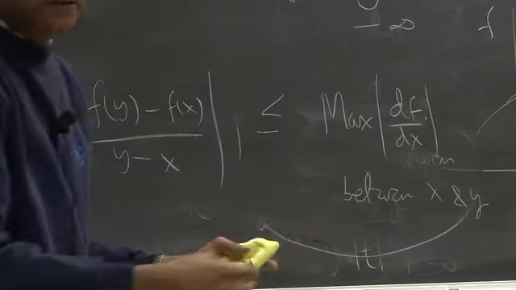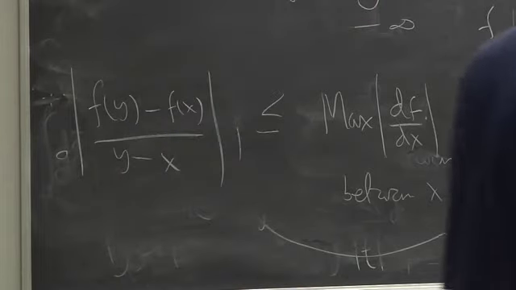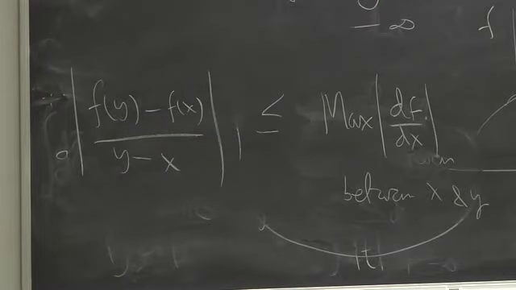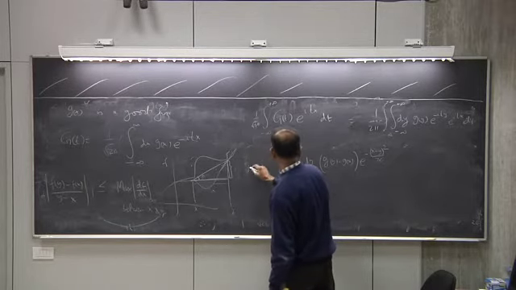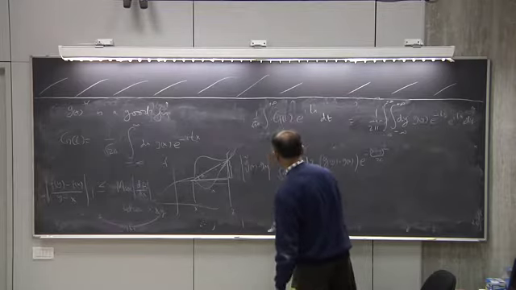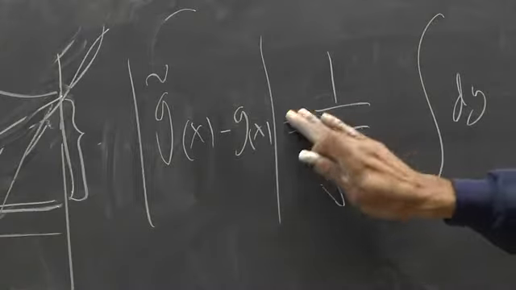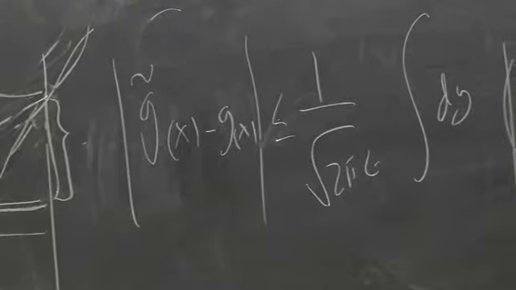F prime is a derivative. This x looks like there's this x, but it's not, it's the generic way. So, let's take the modulus of this. This is what we wanted to look at. This is g tilde x minus g of x, right? This is equal to that. So, let's take the modulus of this. That's going to be less than or equal to the modulus of this integral, right?